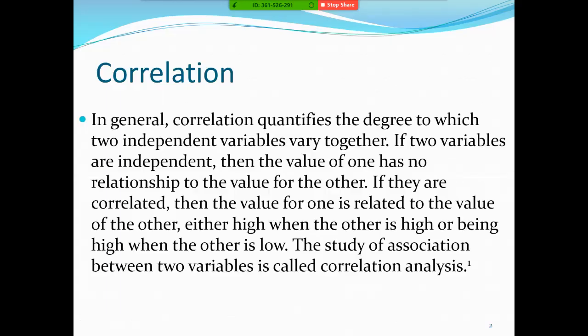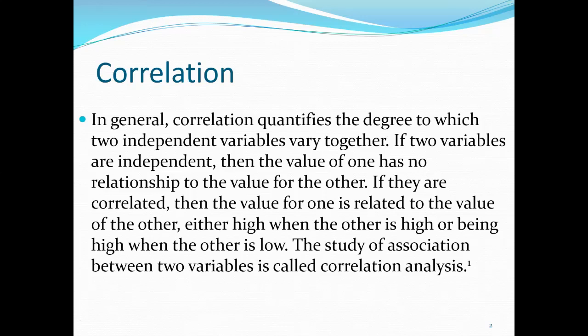What is correlation? Let's break down the English. Correlation. So when we're talking about relationship, it means there is more than one variable involved. If we have two variables and the value of one has no relationship to the value of the other, these variables are said to be independent.